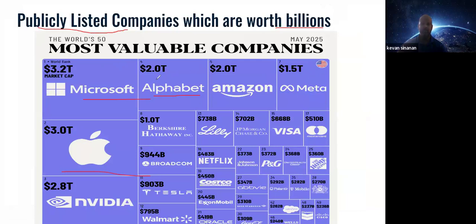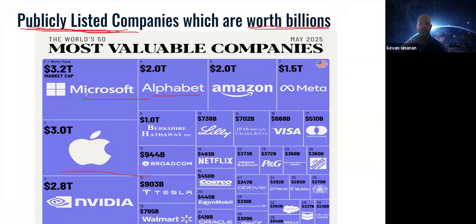Check this out. Publicly listed companies, if you are one of the top publicly listed companies, then you are worth billions of dollars. And it's fair to say most companies that are worth billions of dollars are publicly listed companies. Not public corporations, publicly listed companies or public companies.